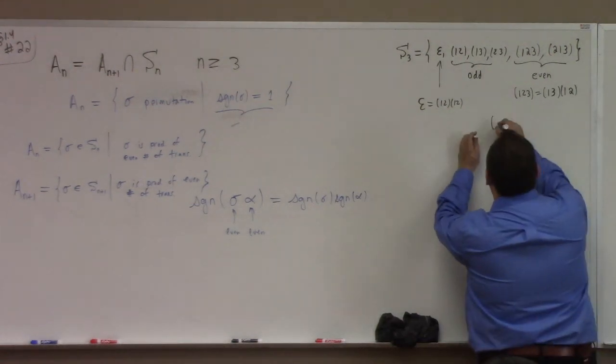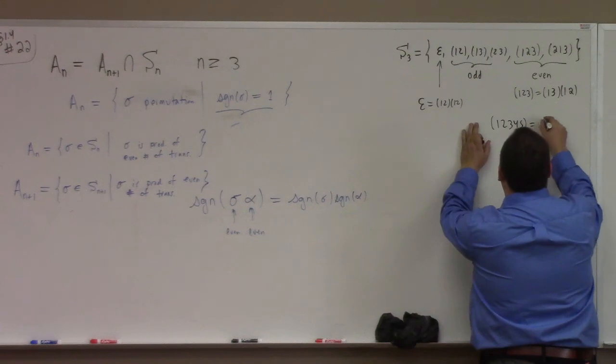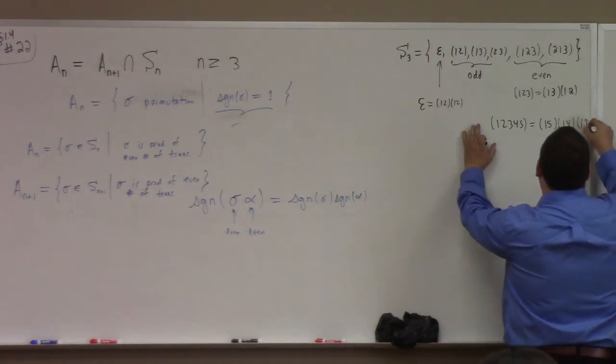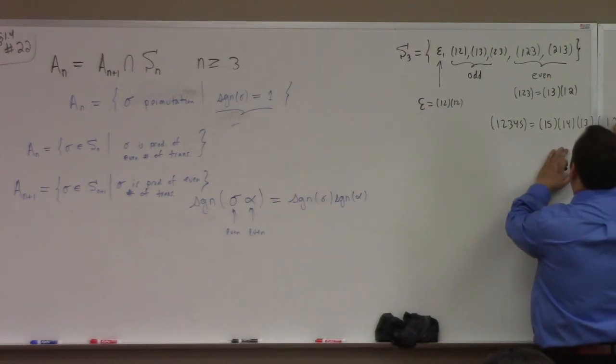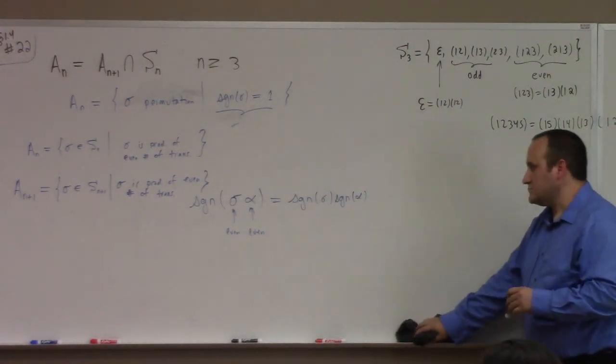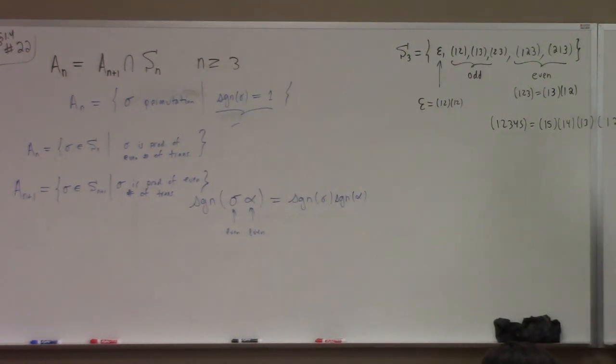So if I had 1, 2, 3, 4, 5, the trick is (1 5)(1 4)(1 3)(1 2), like that. Just remember the first stays first, and then the last shall be first, and hope that doesn't get twisted around in your mind. Just check it. Guess something and check it. Maybe you remember the pattern right. Anyway, okay, I'm sorry. So what's A_3?